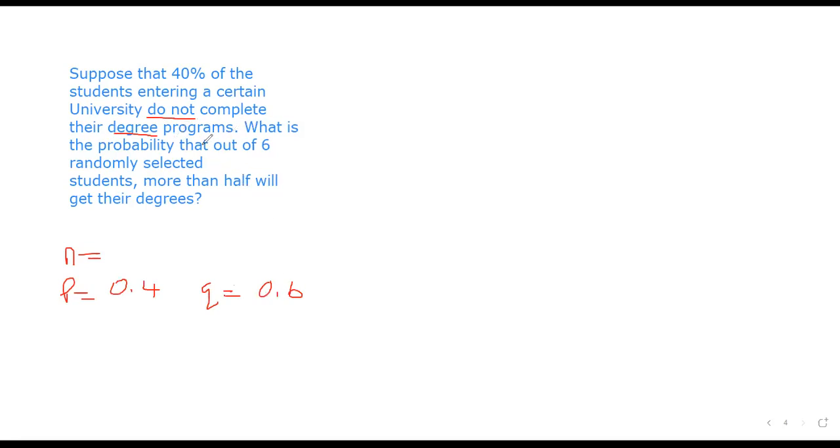What is the probability that out of 6 randomly selected students, more than half will get their degree? So n is 6. Now this question was swapped somehow, so there's something that I need to explain.